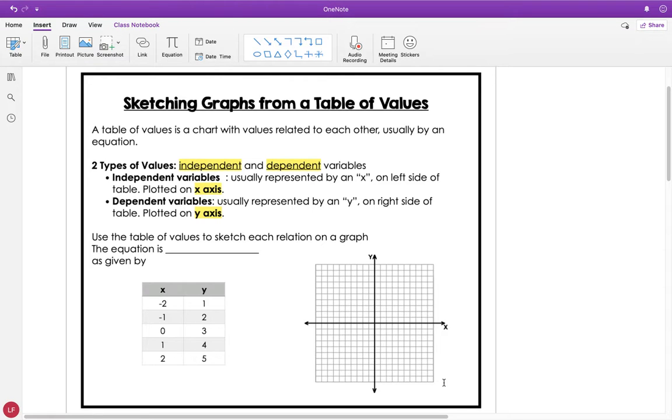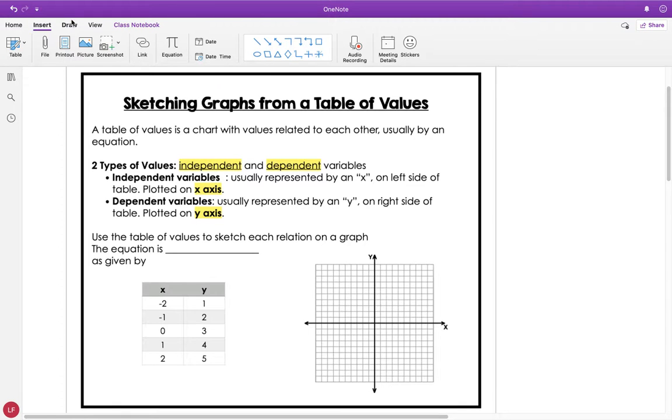So the independent variable usually is represented by an X or input, and it's plotted on the x-axis. And then a dependent variable is usually the y. It's plotted on the y-axis, and it's also called the output. And so usually we input an independent variable, and output is a dependent variable.